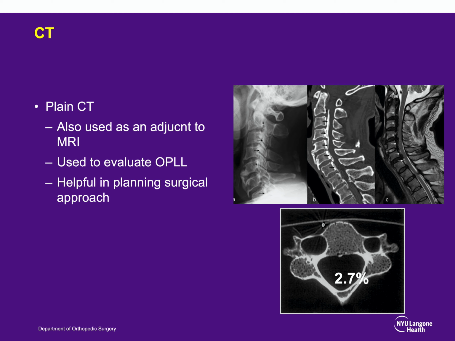It can be helpful in confirming the diagnosis of OPLL. It is often very helpful in planning the surgical approach, as the presence of certain structural anatomy can dictate whether you're going to approach the spine anteriorly or posteriorly.